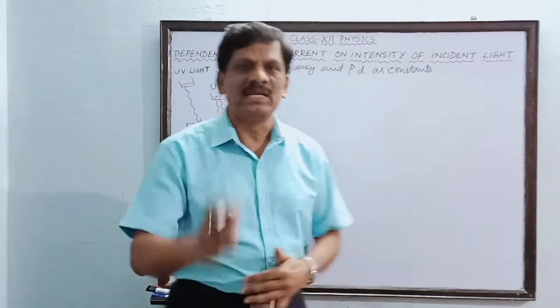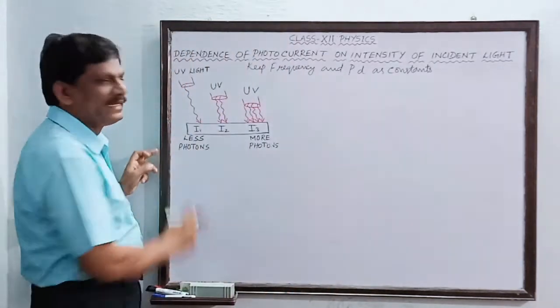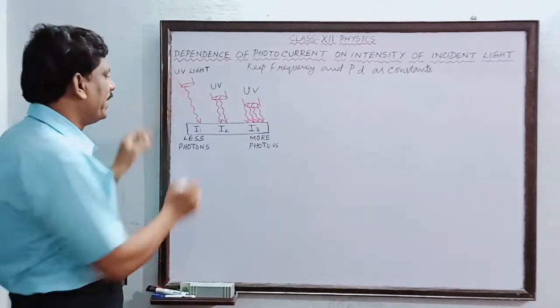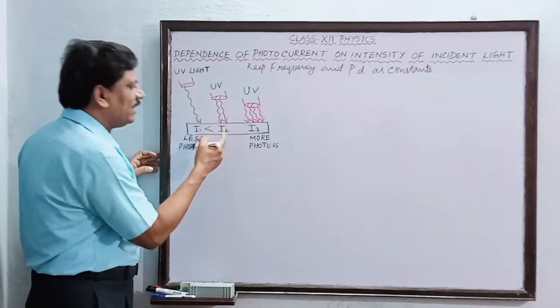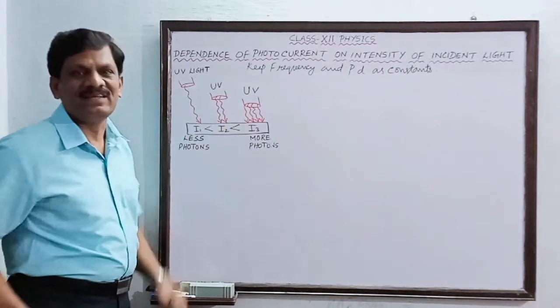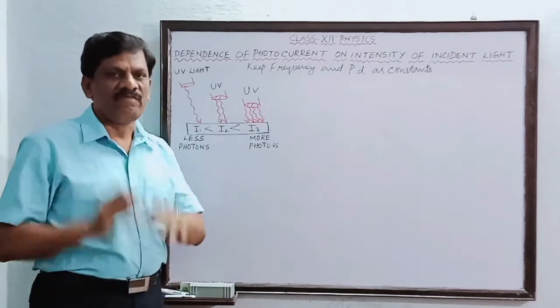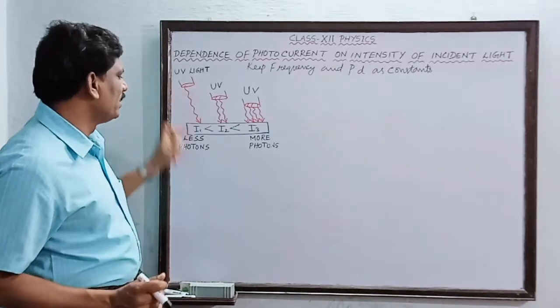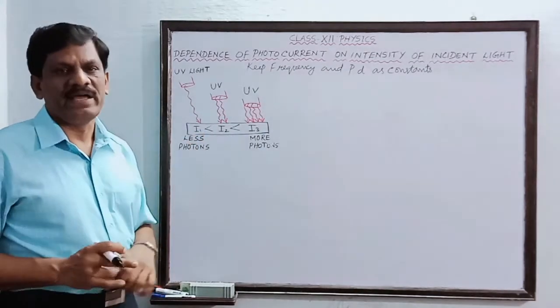Okay students, now you tell me, I1 is the intensity when the source is at a greater distance. So I1 must be lesser than I2, then I2 must be lesser than I3. Understand? So first I will study what happens when the intensity is I1.